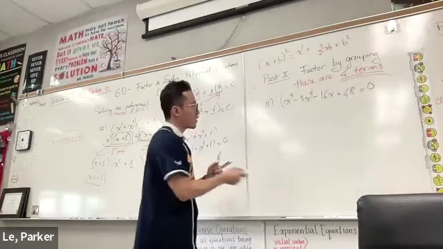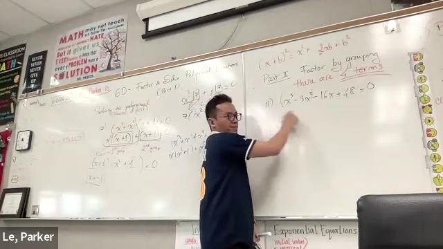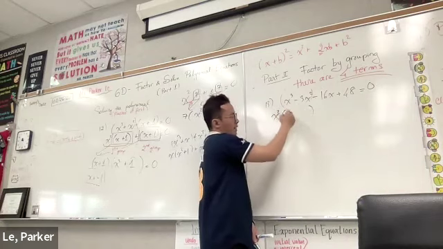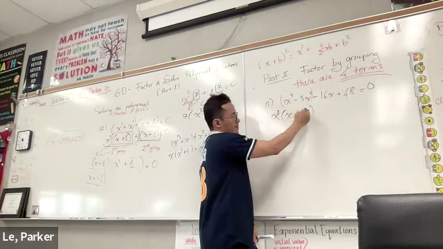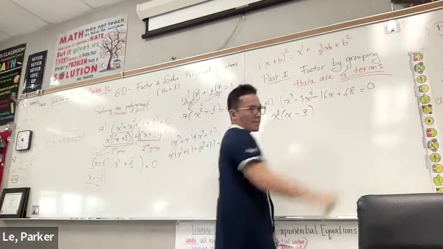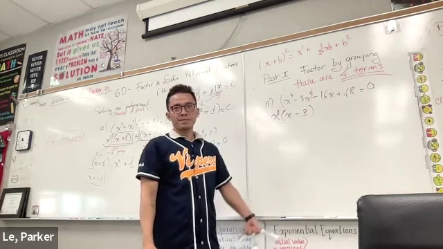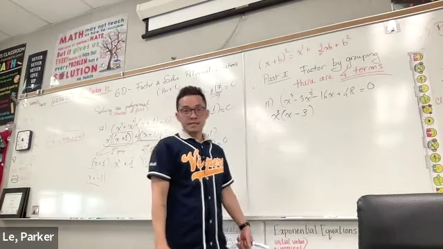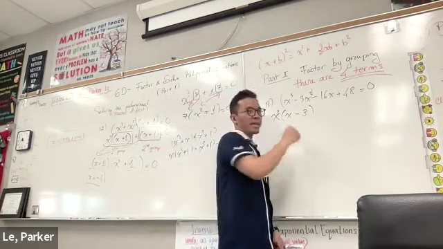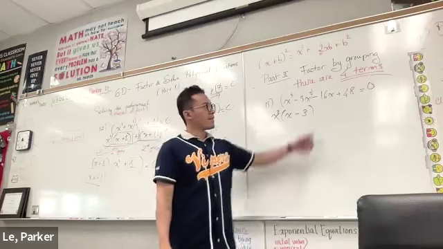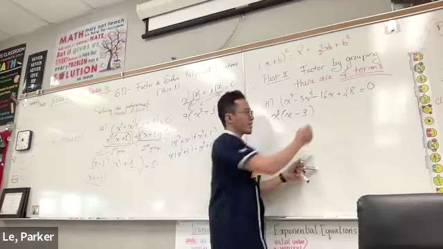Okay, now what did you see? X squared, right? What did you have? Very good. Now, second group, what did you see? Is it negative or positive? If it is negative, put negative.